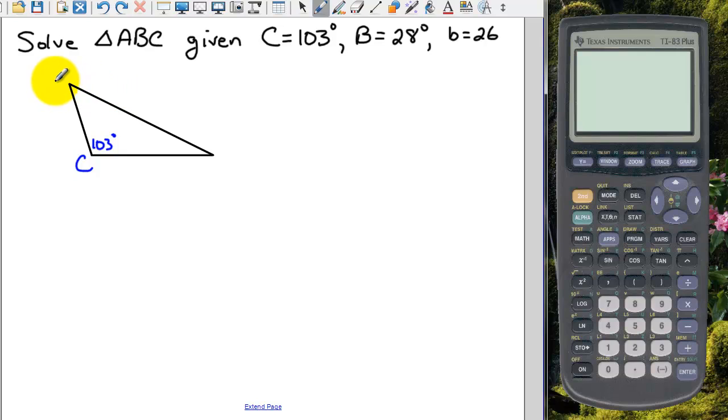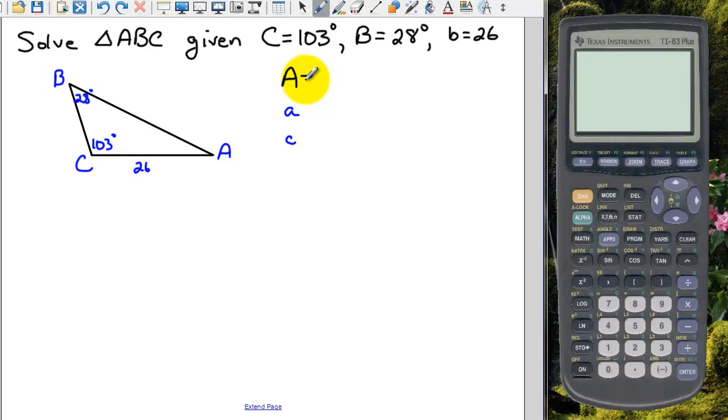It doesn't matter which one we call A or B, so let's call this B. It's 28 degrees, and side B is 26, and we want to solve the triangle. So we have to find angle A, side A, and side C.